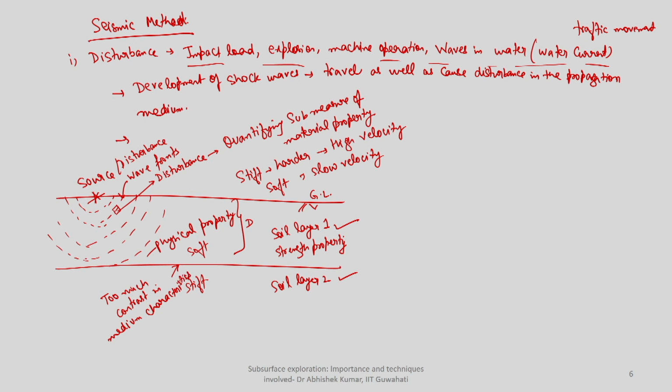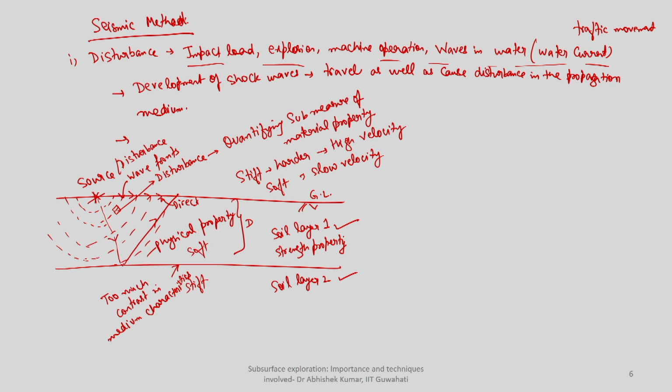What will happen? First of all, some wave will travel along the surface; this will be called the direct wave. Some wave, based on the wave front, will reach the interface and reflect back.